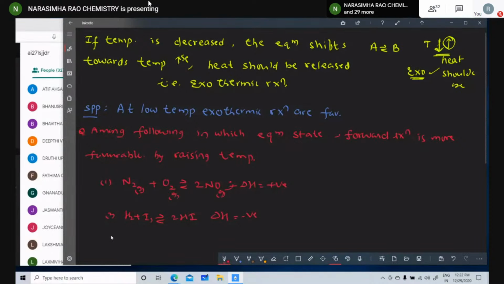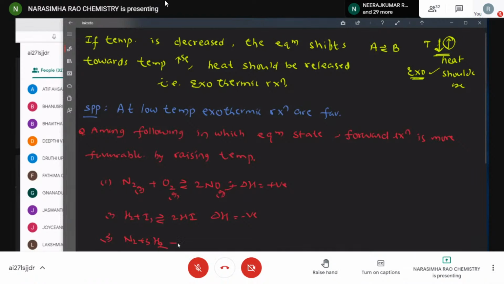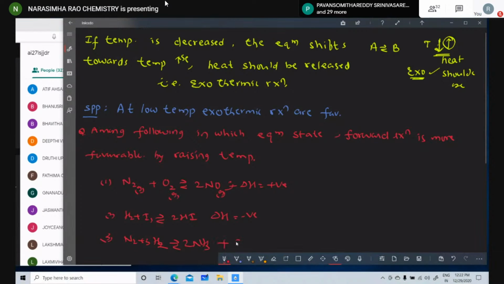Next, N2 plus 3H2 is equilibrium with 2NH3 plus 92 kilojoules. Last option, CaCO3 is equilibrium with, okay.